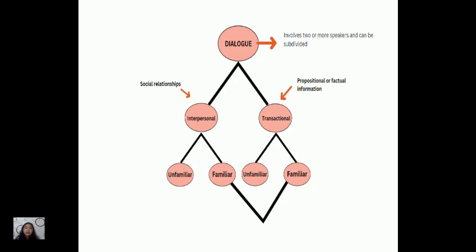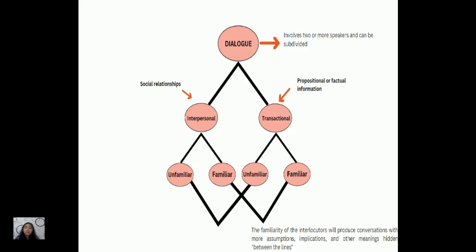Since they are familiar with each other and with the topic that they are discussing, they can create more assumptions, more connections, and they can also read between the lines of their conversation.